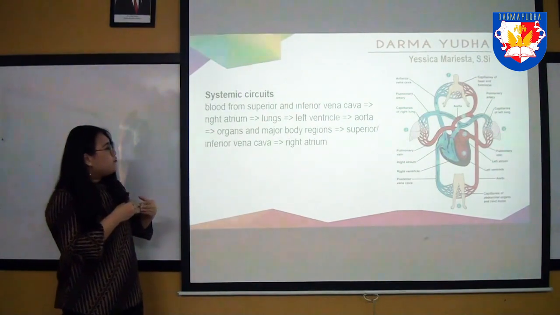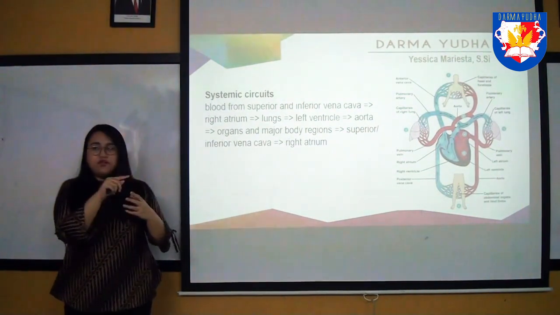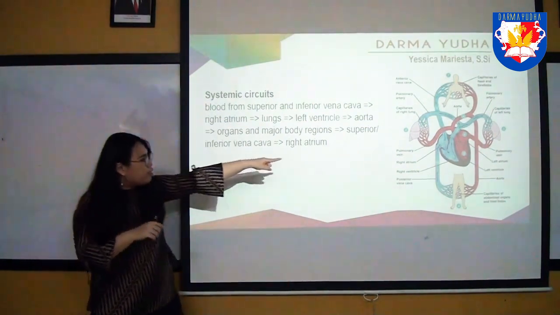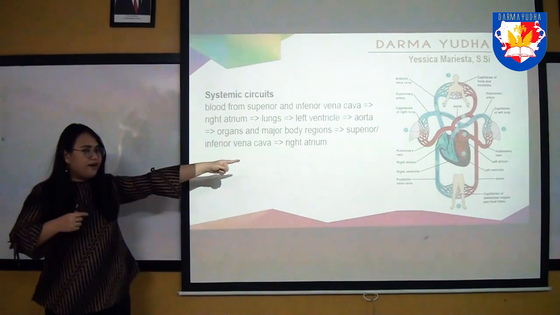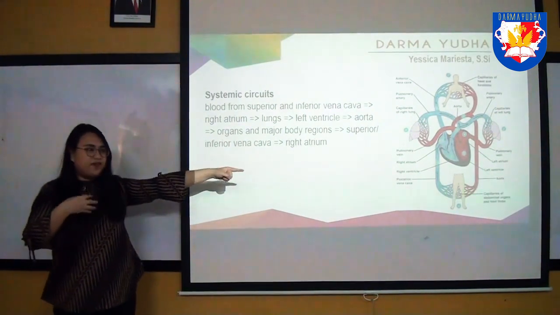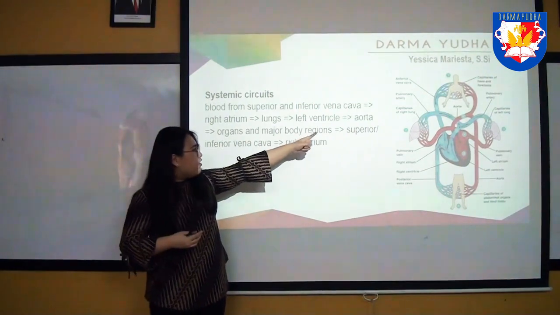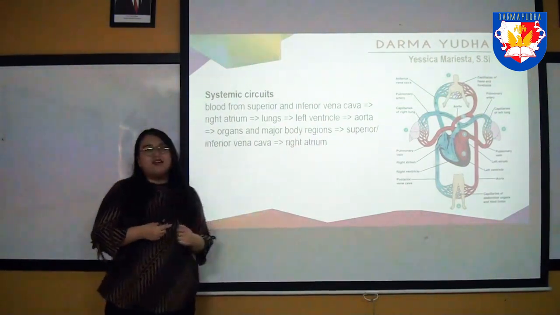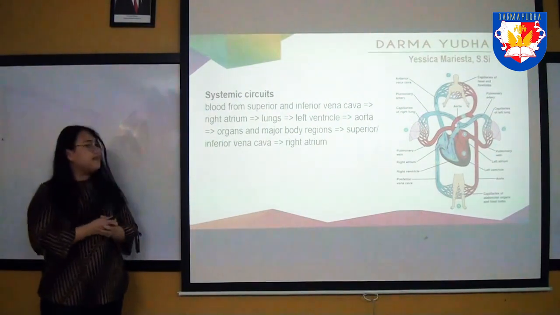After that, it moves to the left atrium, to the left ventricle. After that, to the aorta, and then it moves to your body organs and the major vital regions. And then it moves to the inferior and superior vena cava, and back to the right atrium again. So that's for the systemic circuit.